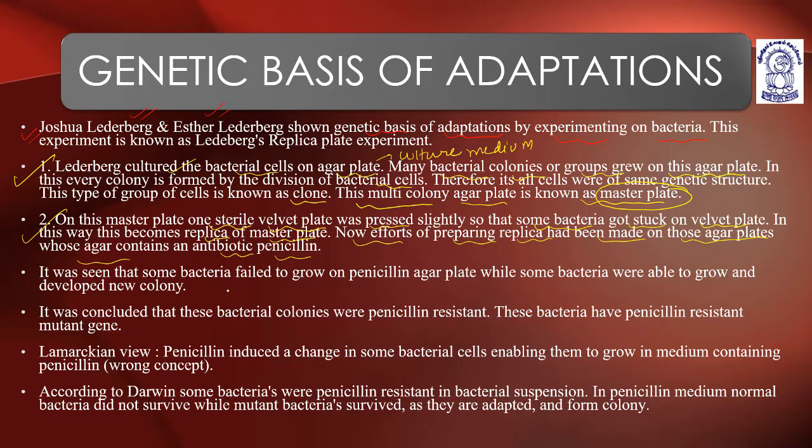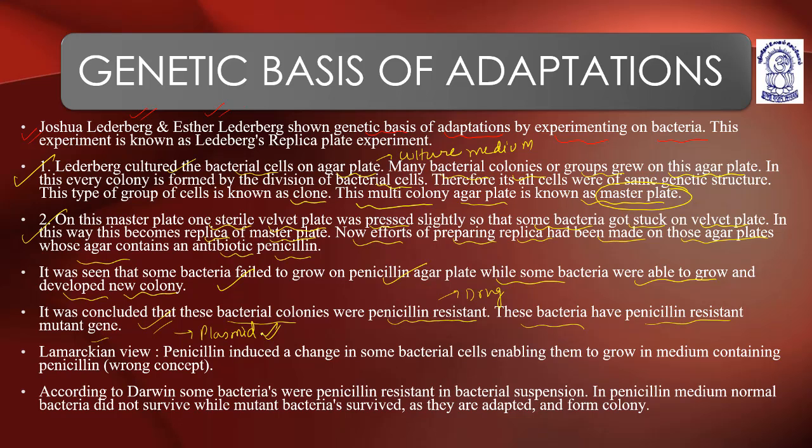It was seen that some bacteria failed to grow on the penicillin agar plate while some were able to grow and develop a new colony. It was concluded that these bacterial colonies were penicillin resistant. That is the drug resistance I was telling you about. These bacteria have a penicillin resistant mutant gene because of the presence of a plasmid.